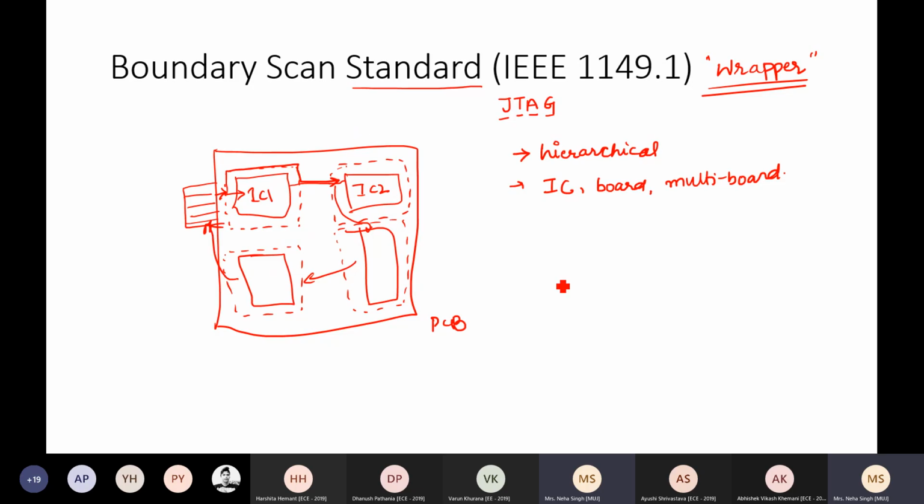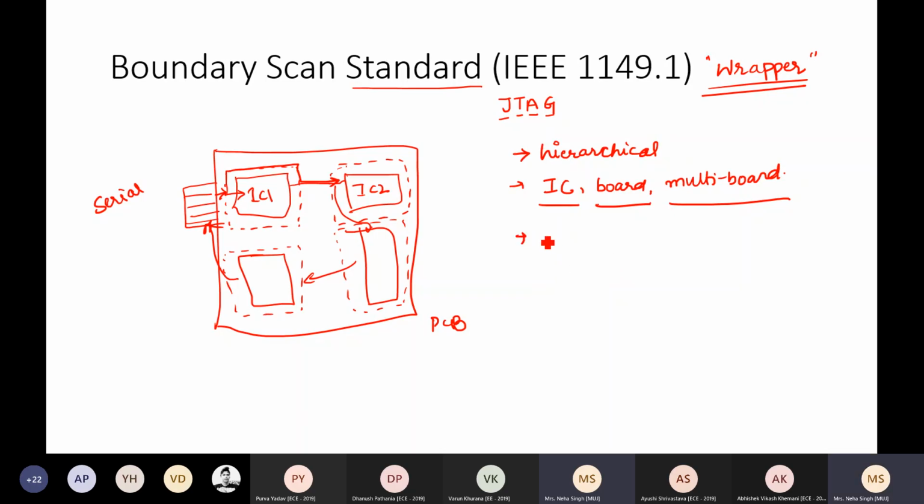The output of one board is made input of the second board, and the output of the second board may be made input to the third board. So I can test an IC on the board, I can test one complete board, and I can even have multiple boards connected in series because the data is traveling in series. All the input is given in serial sequence, just like your scan flip-flop.